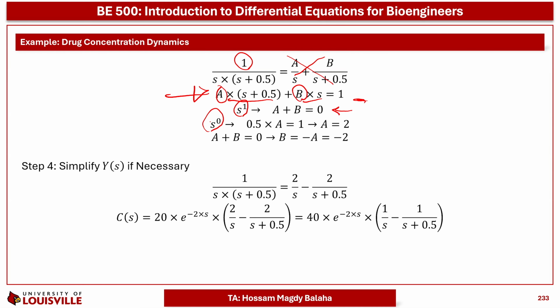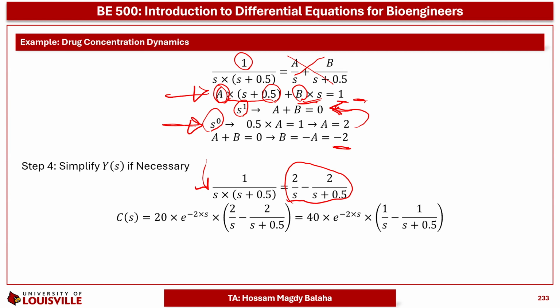And let's get the coefficients of s raised to the power of 0. So it will be 0.5 multiplied by A plus nothing here equals 1 on the right hand side. So from here we will get A equals 2. Let's substitute A equals 2 in that equation. We will get that B equals negative 2. Substitute, so we will have 2 over s minus 2 over s plus 0.5.